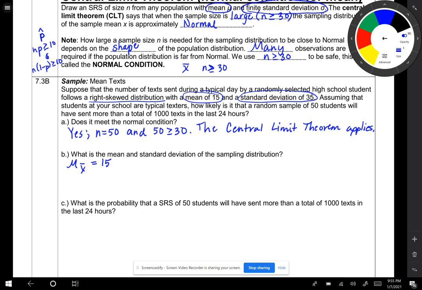And the standard deviation, we can use the formula as long as we meet the 10% condition. So let's take a look at our sample size. The sample size is 50 students. It's reasonable to assume that there are more than 500 students at your school.